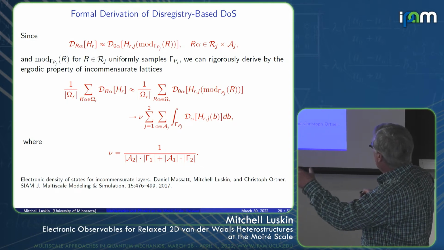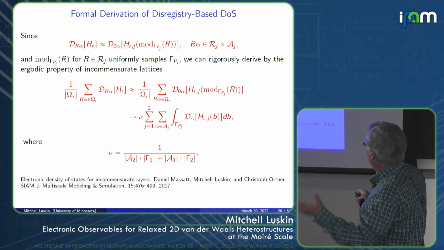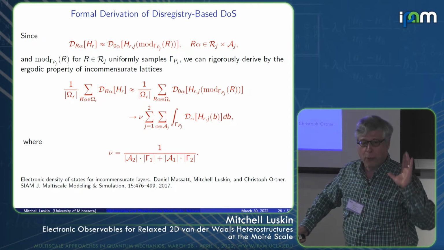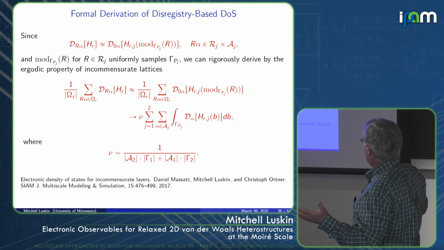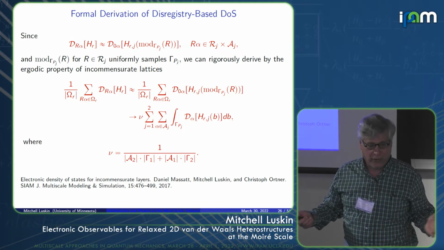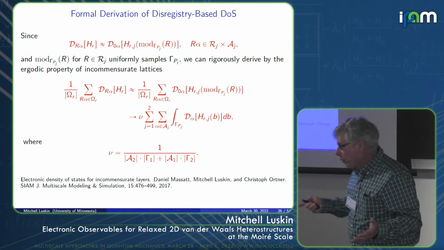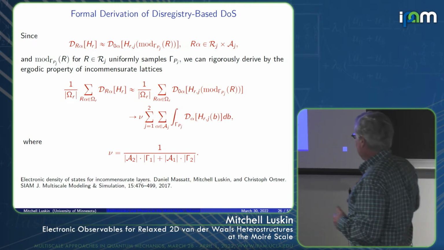Then you can use this ergodicity, and in the end you get a nice integral, which gives a proof that the density of states is a well-defined object in an incommensurate system, which when we started this was not known. We didn't know that.